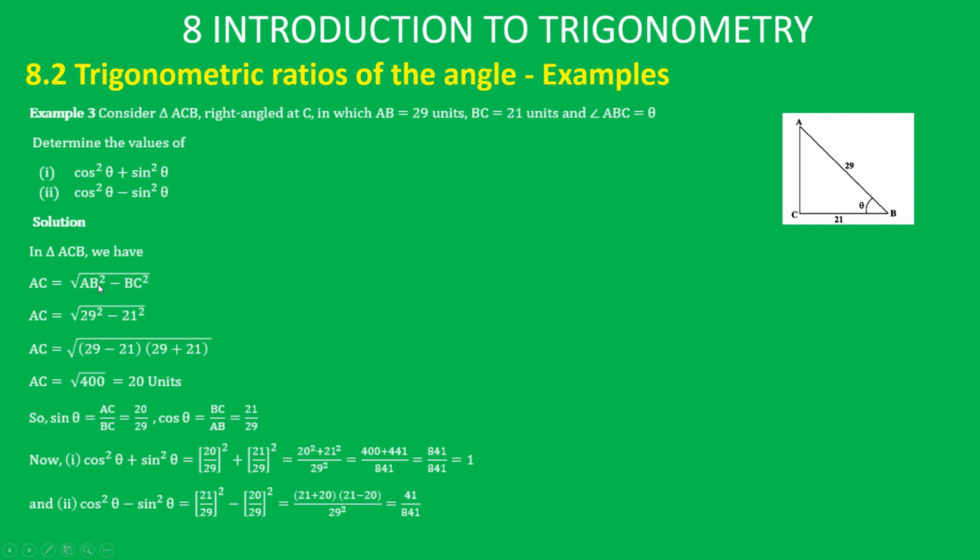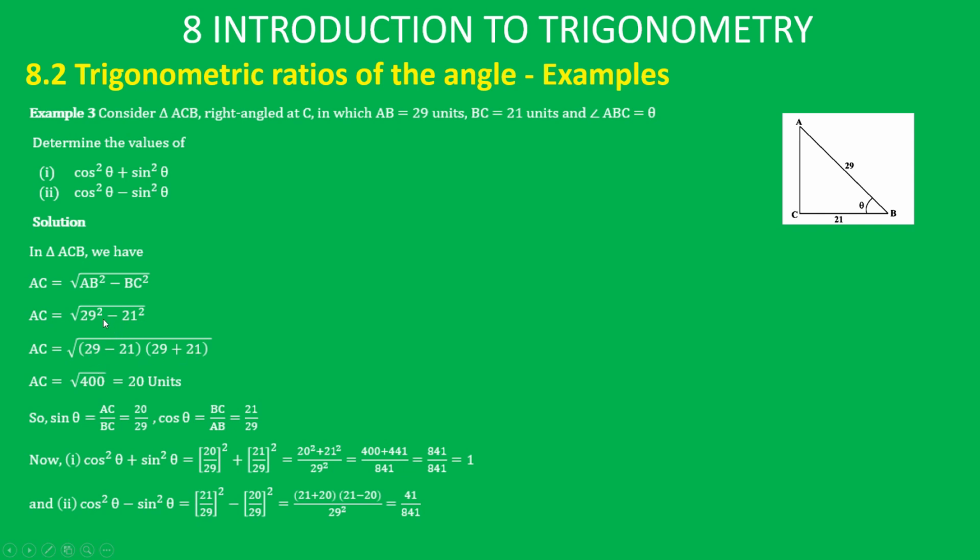AB is 29 square, BC is 21 square. Can you see? This is in the form A square minus B square. Can you write it as A plus B into A minus B? Using the formula A plus B into A minus B is equal to A square minus B square, we rearrange the terms as A minus B into A plus B.